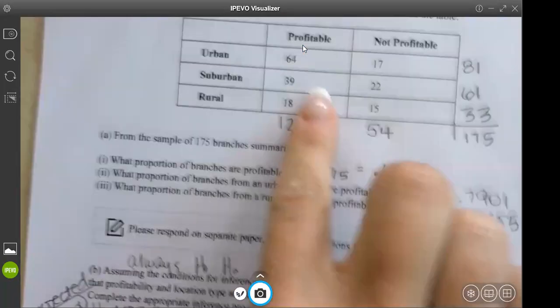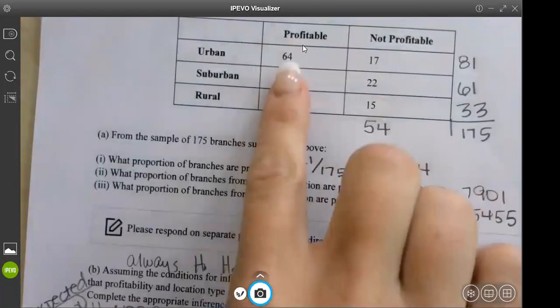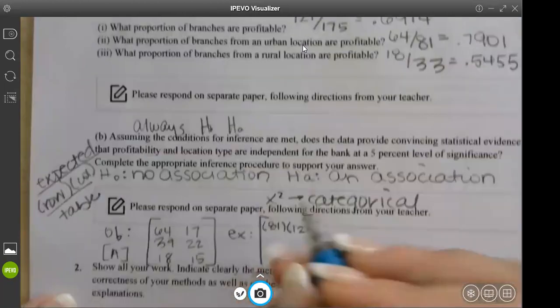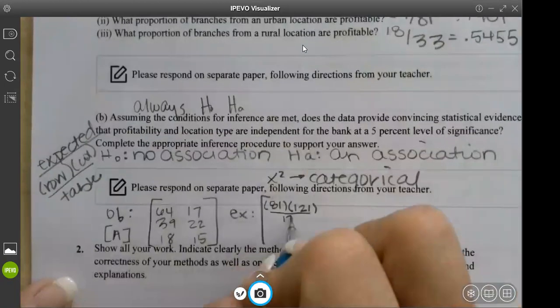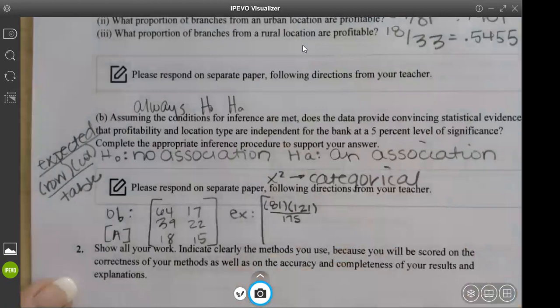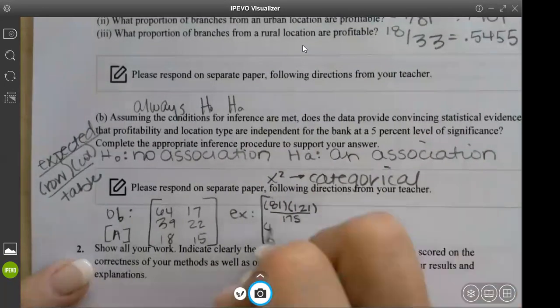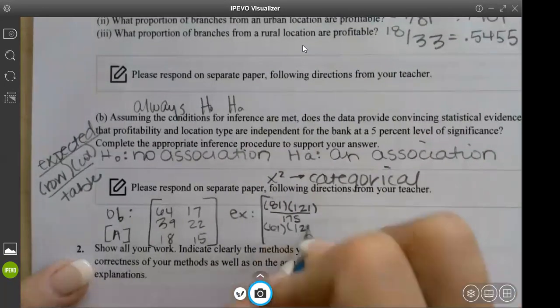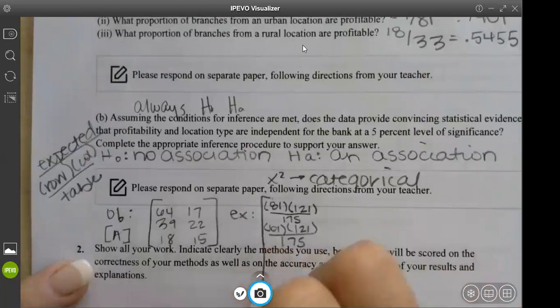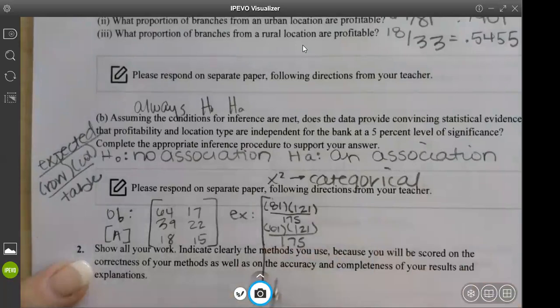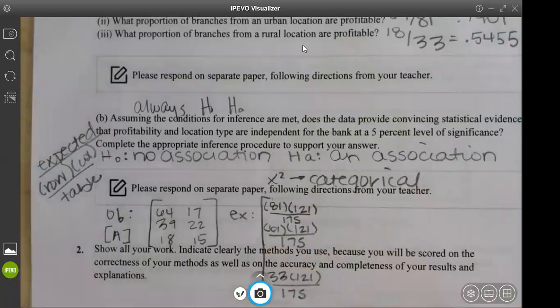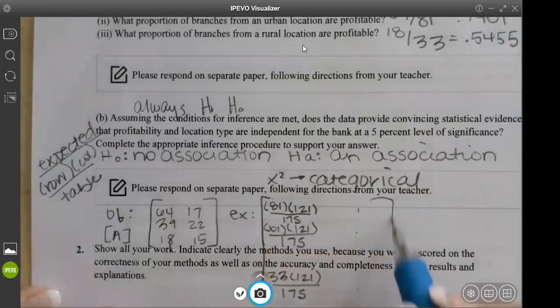So your row and your column total, you're going to multiply together, divided by your table total. Okay, and you can do that within your matrix instead of doing the work and then implementing it into the matrix. So your next one, your row total is 61, your column total is 121 over 175. And then your last one is going to be 33 times 121 over 175. And then you will do the other side as well.